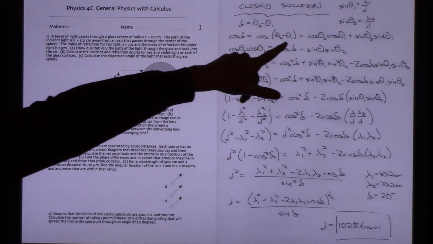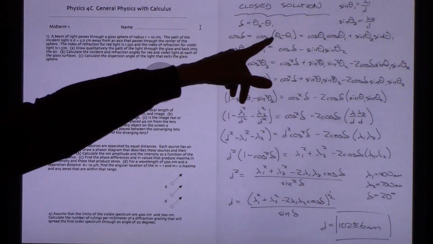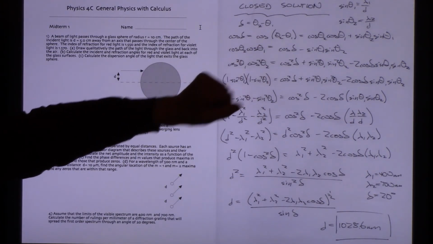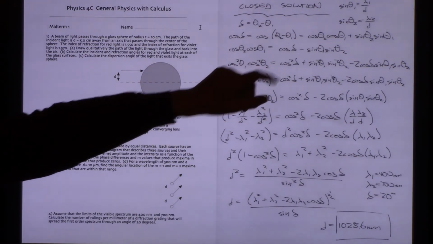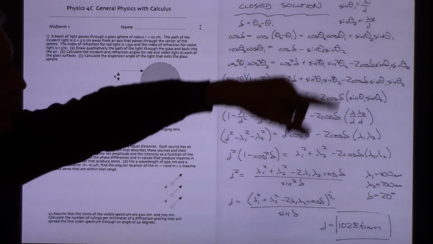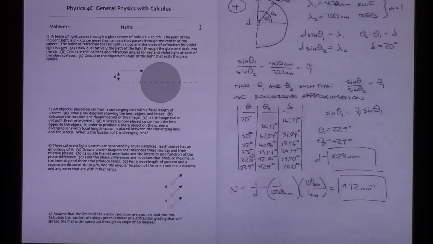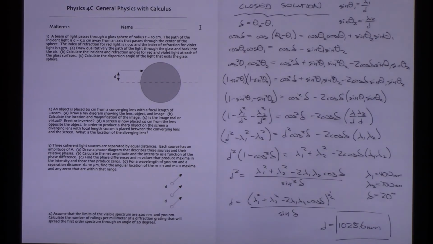And then I used some trig identities. I went back to some sum of angles, actually some difference of angles here. And then I knew that sine theta 1 and sine theta 2 had to be equal to lambda 1 and lambda 2 because m is equal to 1. This is for a first order spectrum, is what the problem asked for.